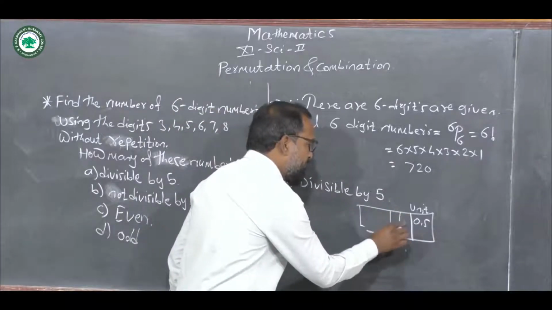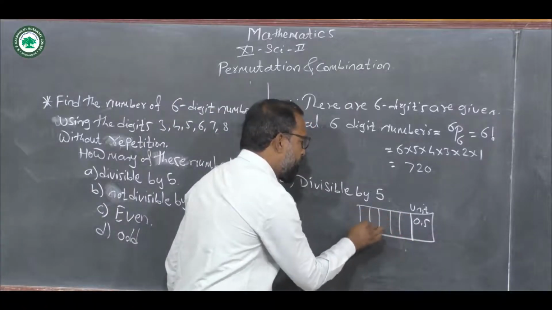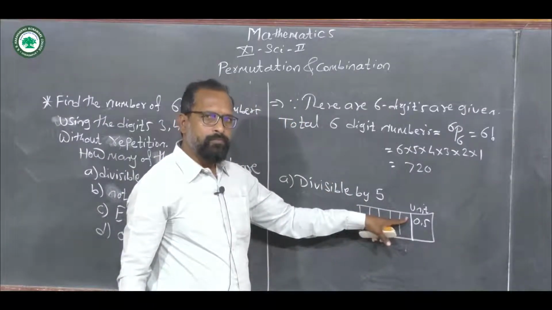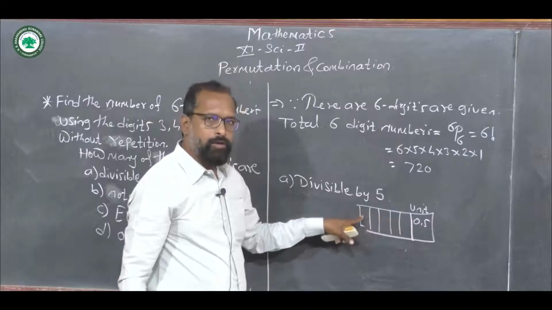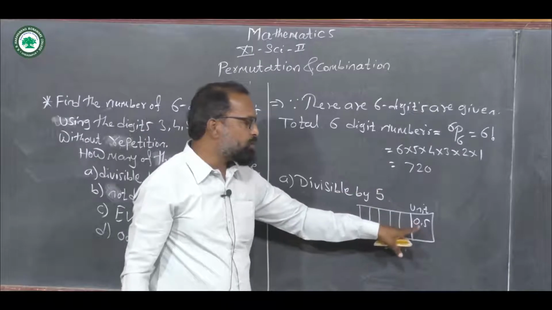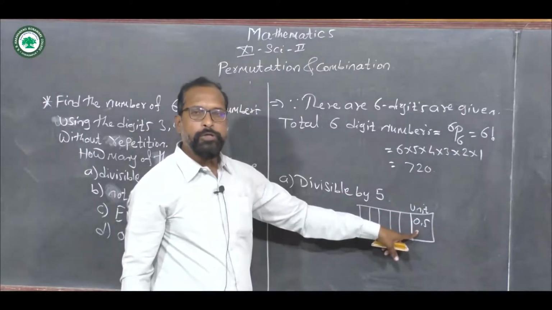Now the remaining 5 places are not important. We have to form a number divisible by 5, so it restricts only the unit place.